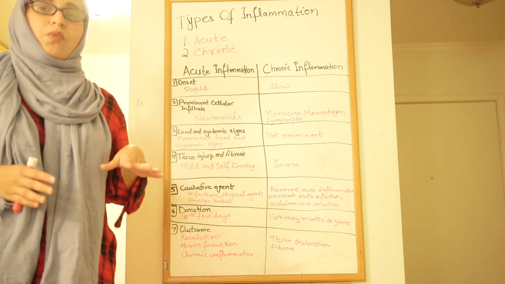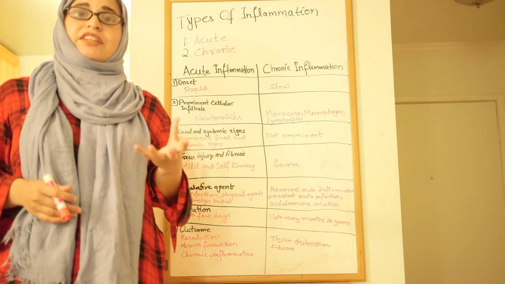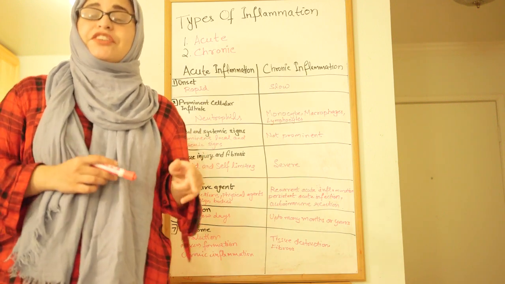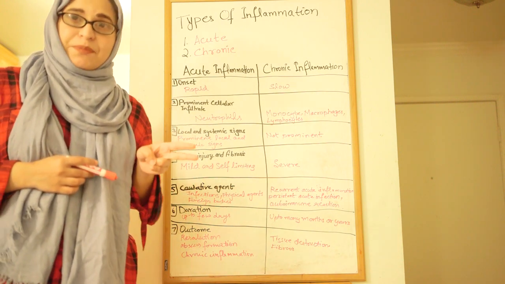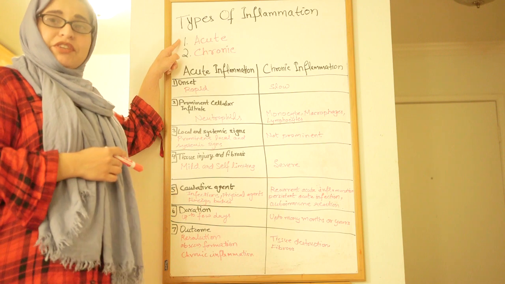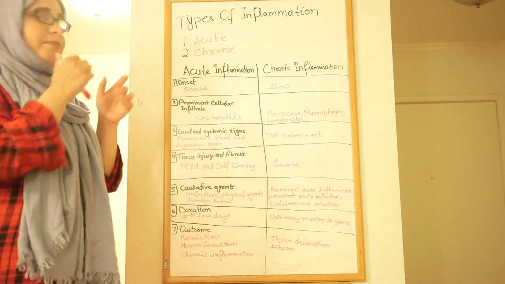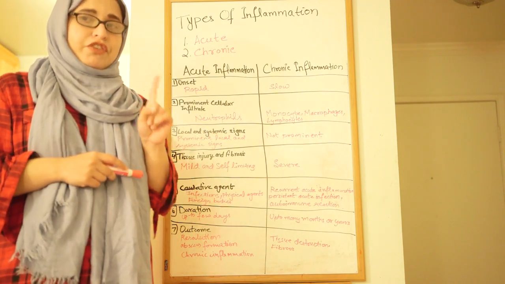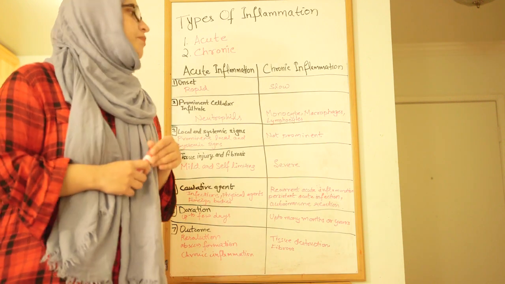Now let us know about the types of inflammation. Depending upon the defense capacity of the host and the duration of response, inflammation is of 2 types: acute inflammation and chronic inflammation. The first point is the defense capacity of the host, and the second point is the duration of response.